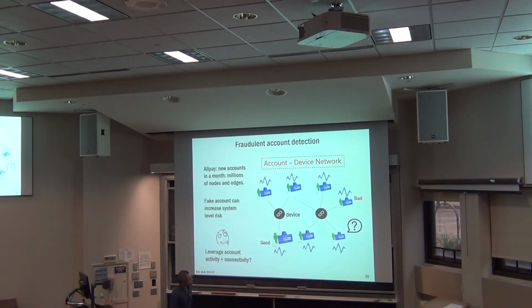A particular difficulty in previous approaches is that each one of these accounts has its own activity information, because the account logs in, logs out, and makes purchases. There's lots of activity information you want to aggregate together with the network information, because the network tells you that things connected to each other tend to have the same property.